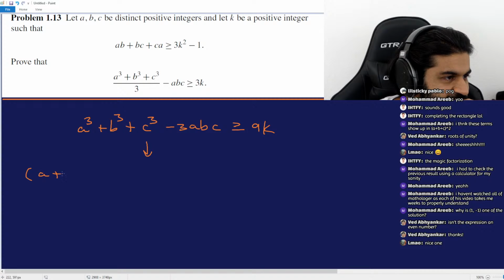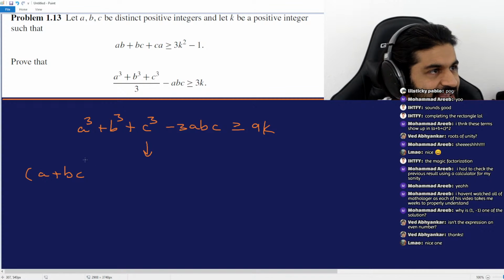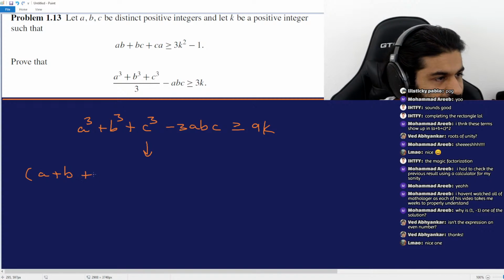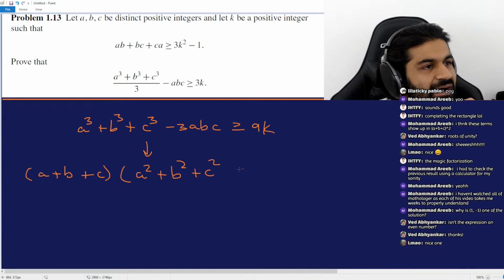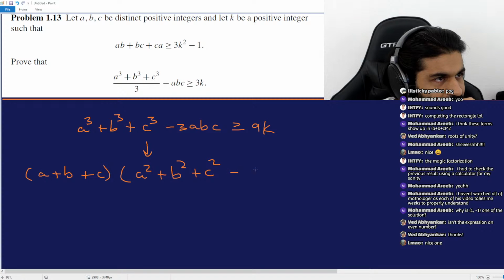Okay, so it suffices to show this identity, but of course you can factor this as usual. And I'll choose to write the factorization like this. So this is a plus b plus c times a squared plus b squared plus c squared minus ab minus bc minus ca.